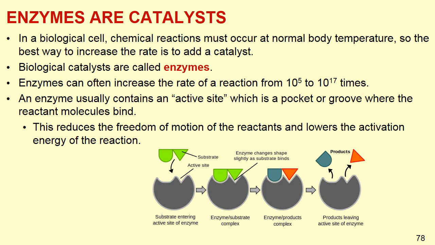Or you could almost think of it as the other way around. The two can come together into the location, the reaction can happen to bind them together, and then they're formed. So the enzymes have this active site, which is a pocket or a groove, which allows the molecules either to bind together or to break up. And so it lowers the activation energy of the reaction.